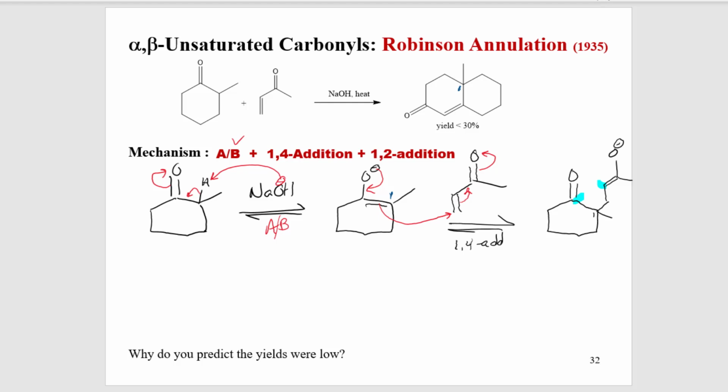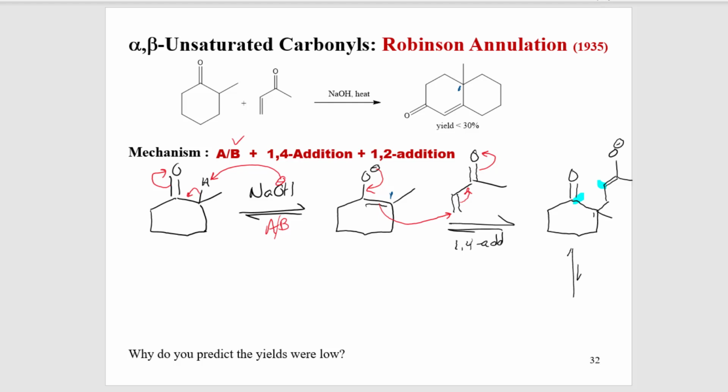So if it collapsed and did a 1-2 addition at this point, you would form a 4-membered ring. That is not the best case scenario, right? We know 4-membered rings have a lot of strain. But we also know that there is an equilibrium set up. Even though it's favoring the enolate shown, there is an equilibrium under these conditions between the kinetic and the thermodynamic enolate.